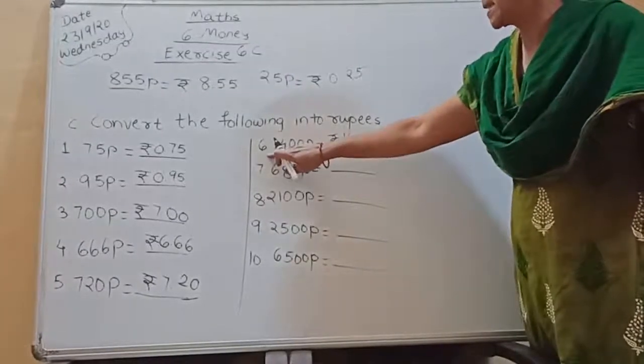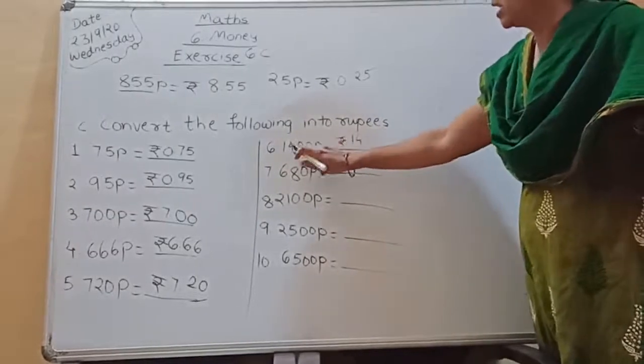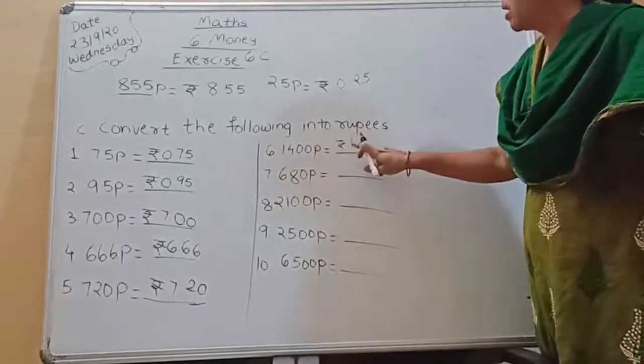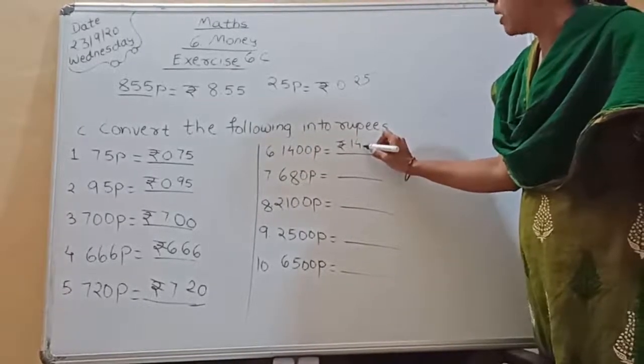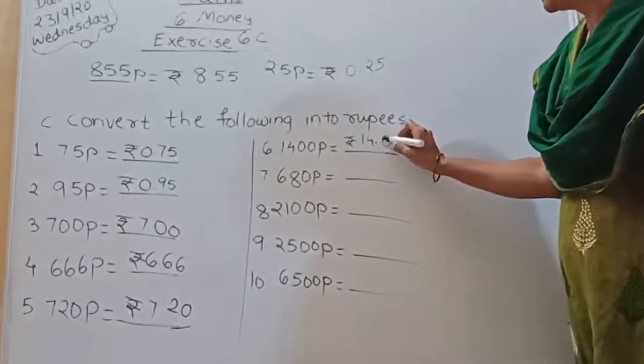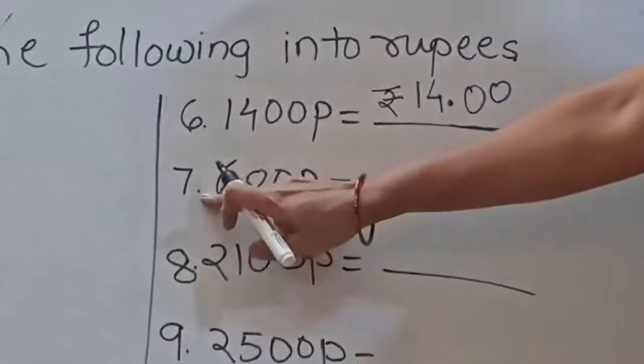Now see sixth example, 1400 paise. So in this case, see 1, 2, 3, 4. 4 digits are there. So we have to give this dot after 2 numbers. Means 14.00.